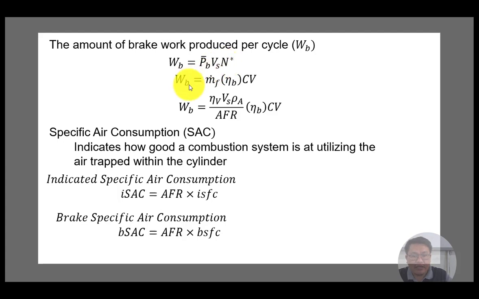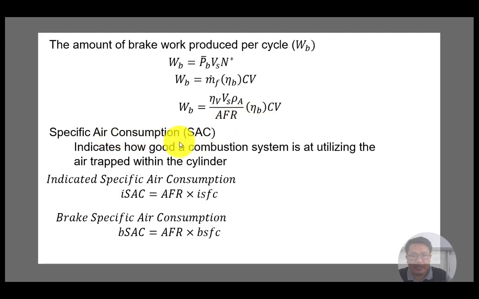It can also have a variant with the mass flow rate, then we have your efficiency, then the calorific value, then your brake work times your volumetric efficiency, volume swept, density of air, and we have the apparent air-fuel ratio, then the brake efficiency and the calorific value.